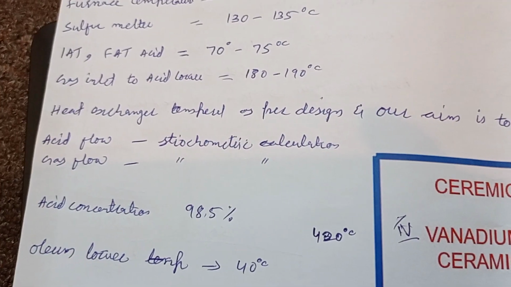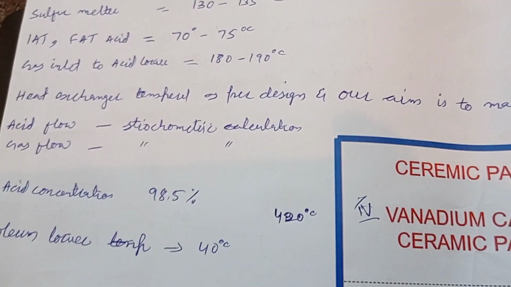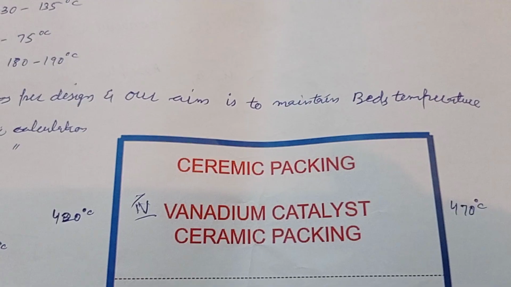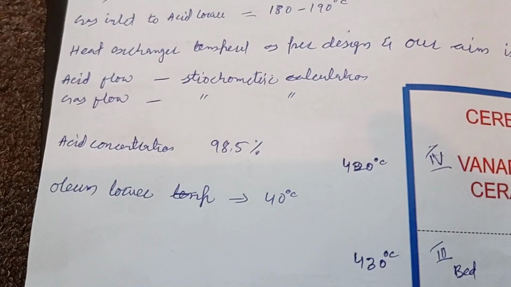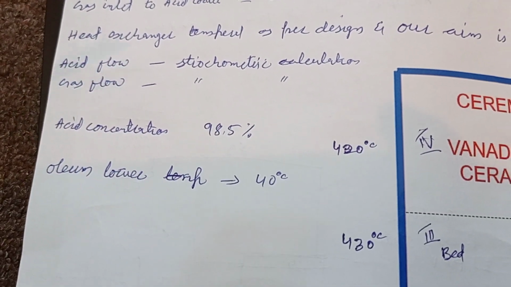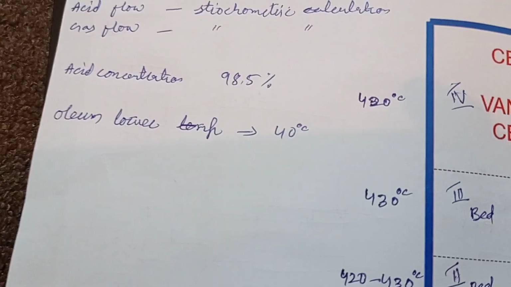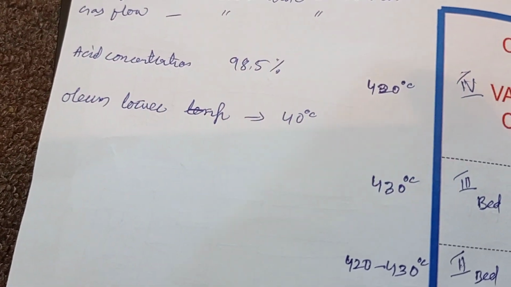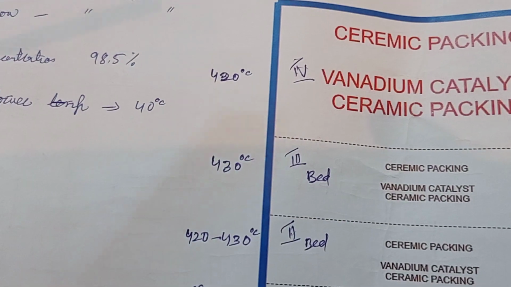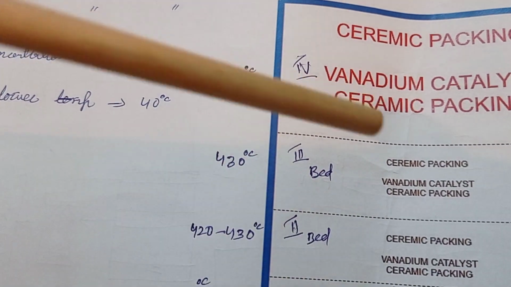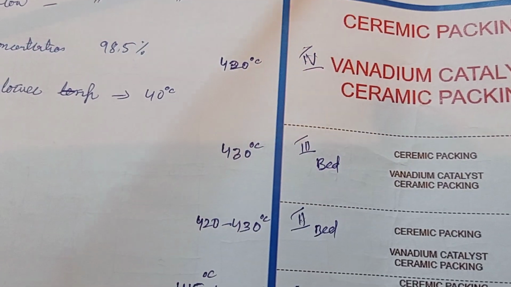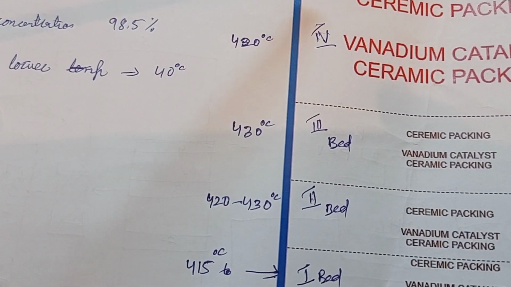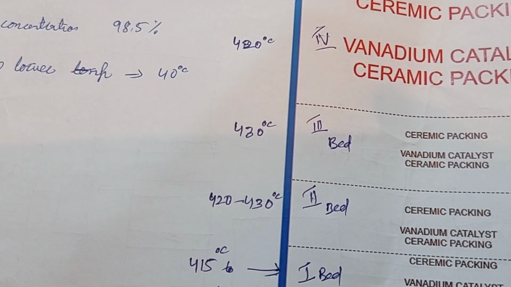The heat exchanger temperature is as per design, and our main aim is to maintain the temperature of the bed. The acid flow depends upon the design. For example, if x amount of gas is going to the absorption tower, then y amount of acid is calculated, and that much acid will be sprayed on the tower.